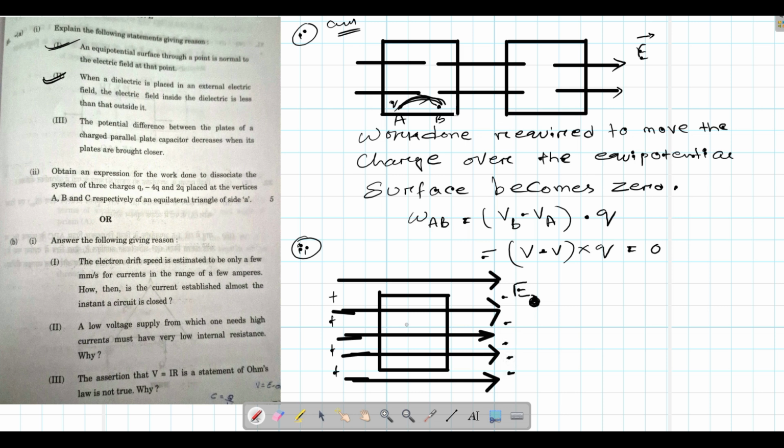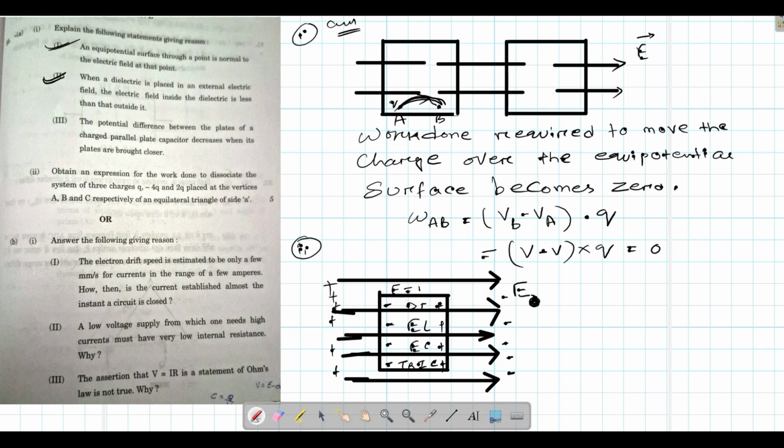So as this is the dielectric, at the positive side negative charge is there, at the negative side positive charge is there. So within the dielectric E equals E0 minus EP.